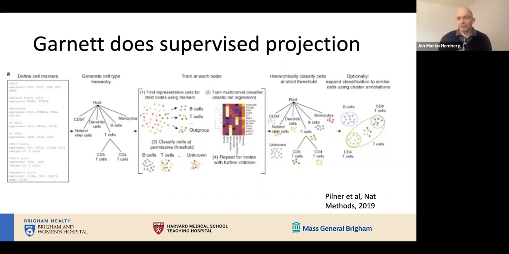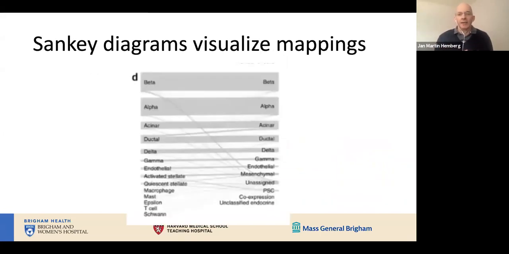You have to give it a hierarchy of the cell types that you think you have in your sample, along with a set of marker genes for each one of those. Then it uses that and looks at the data, and it tries to build a classifier that will tell you which cell type the cells in your query sample match.